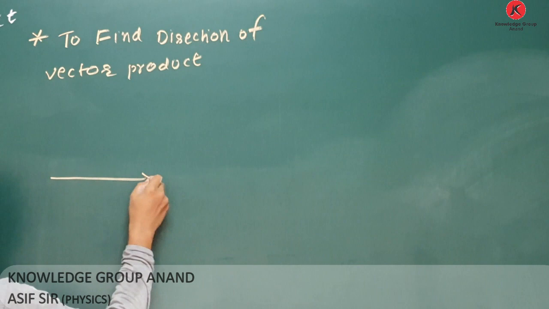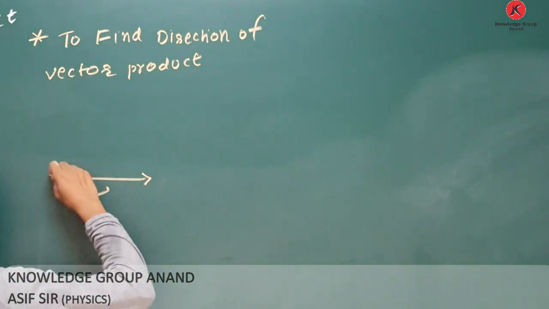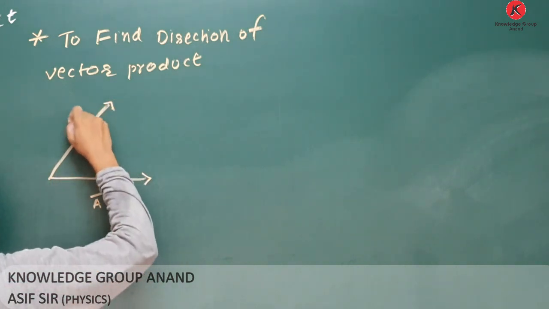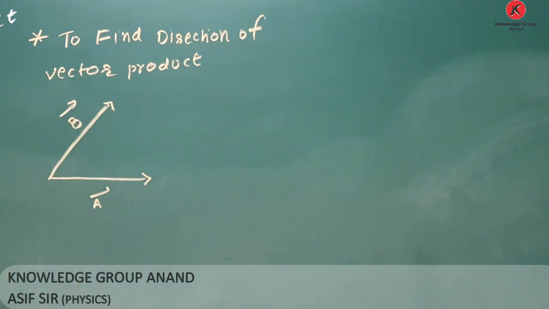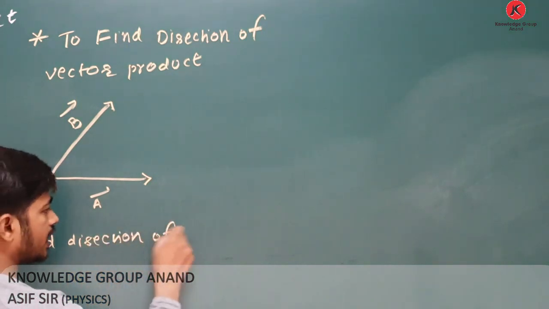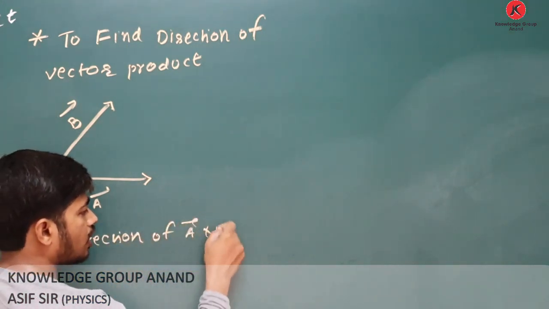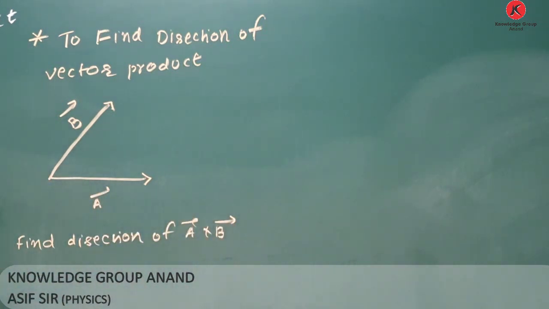It is the first vector A, and it is another vector B, both in the plane of the board. And I want to find the direction of A cross B.